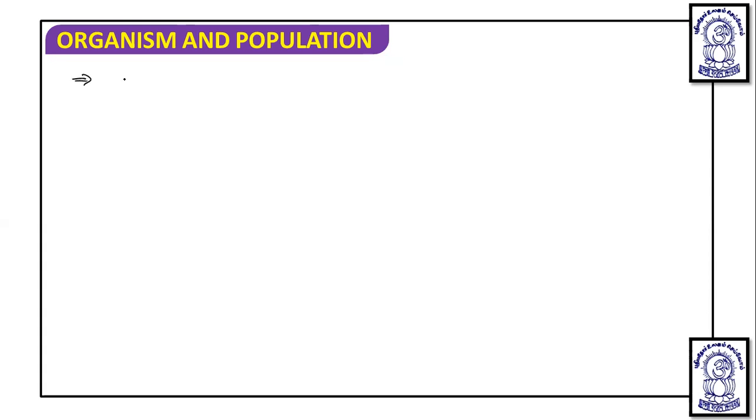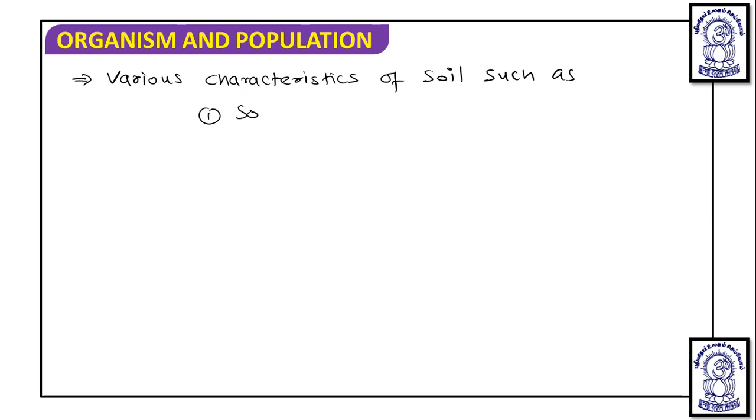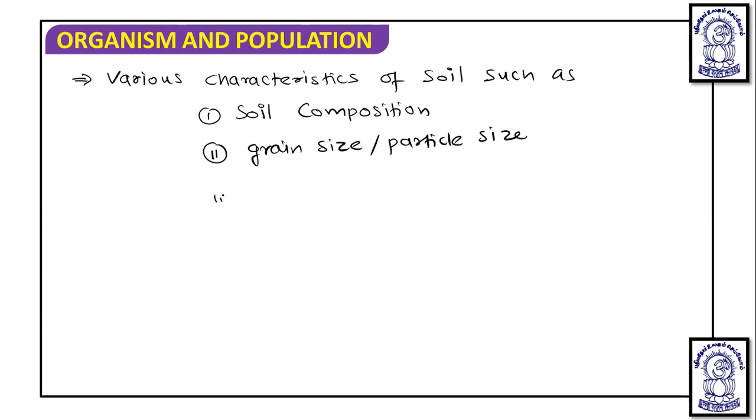These are, number one, soil composition; number two, grain size or particle size; and number three, aggregation of soil particles.